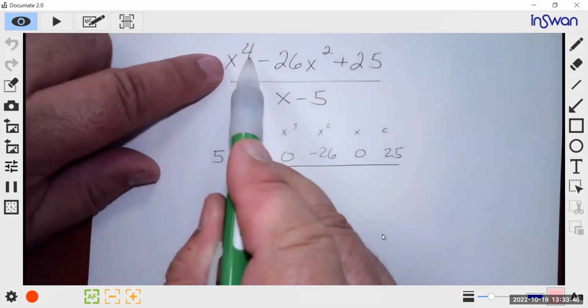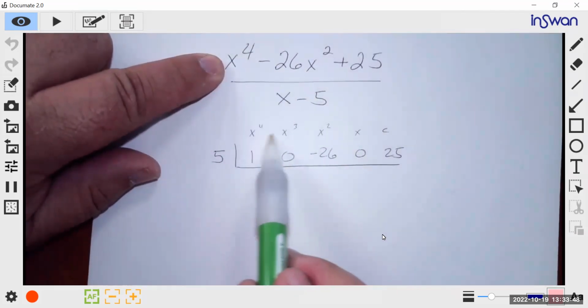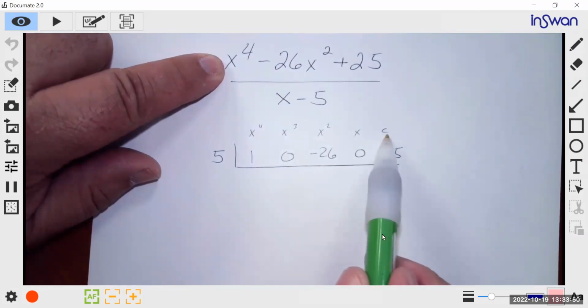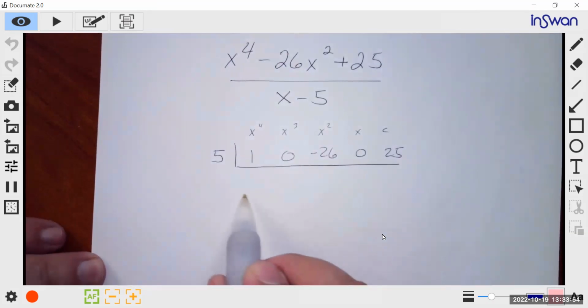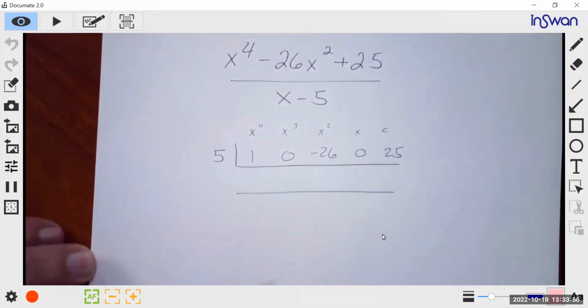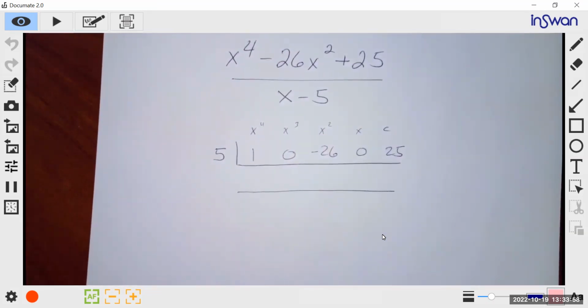That's why when you start off with the highest exponent, you have to count down to get to the constant. And if there's nothing there, put a 0. That's why you have to be very, very careful when you do long or synthetic division. You have to make sure that each of those is taken care of.